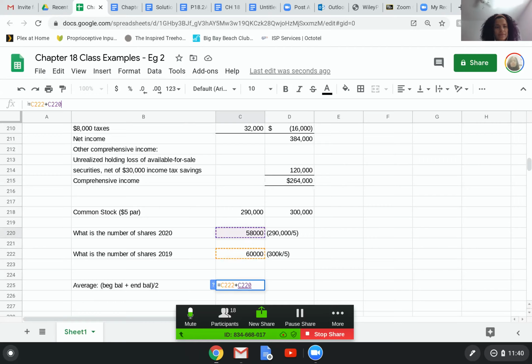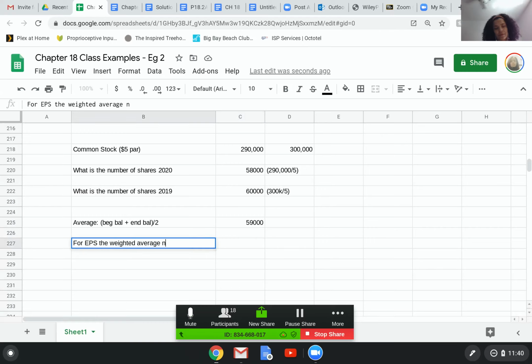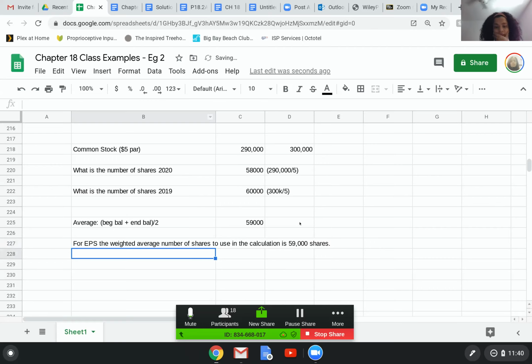So you take the beginning balance, which is the ending balance 2019, plus the ending balance for 2020, and you divide it by 2. So for earnings per share, the weighted average number of shares to use in the calculation is 59,000 shares. Questions, please. Anybody?